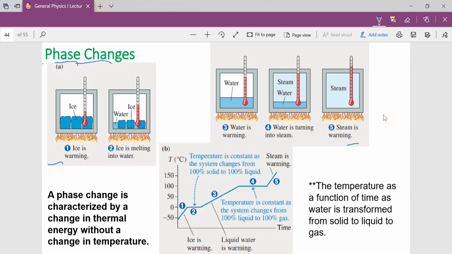So if you take an ice, which is one of the easiest that we can look at quickly, you put it in a sealed container, and you apply a certain amount of heat such that the heat applied is steady. You see that if you put a thermometer, at the initial stage it's going to read a temperature level.